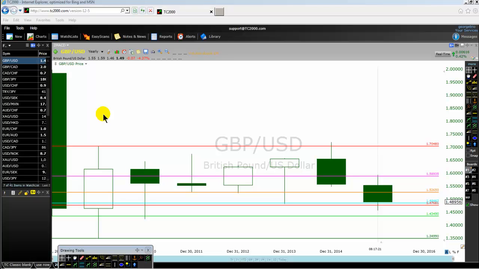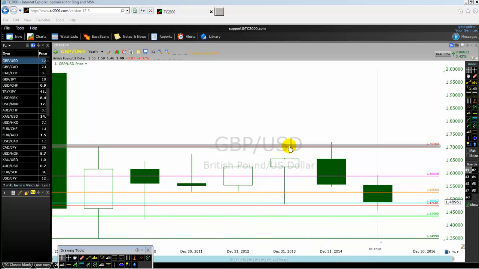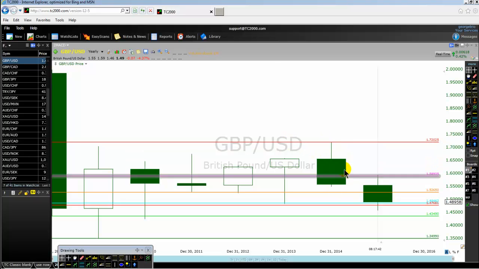So if you are a new trader and you are not seeing the yearly chart, try to see the yearly chart at least. Very, very important, because professionals are always checking the key levels on the yearly chart. On the yearly chart, what I do is highlight the high. Anytime I see a candlestick bar like this, I will highlight the high.